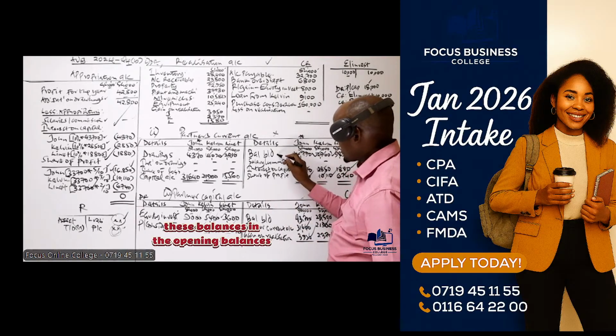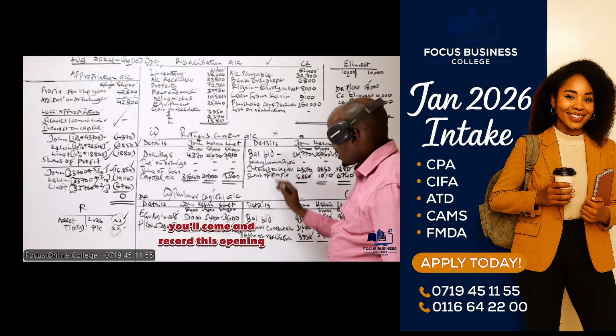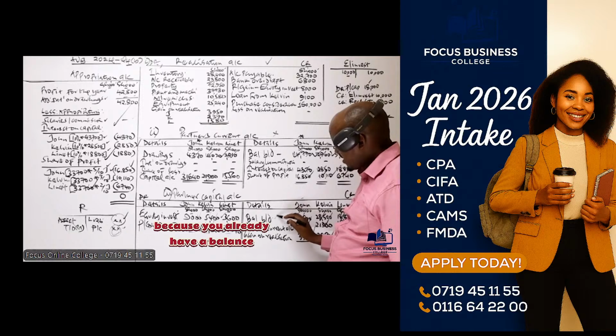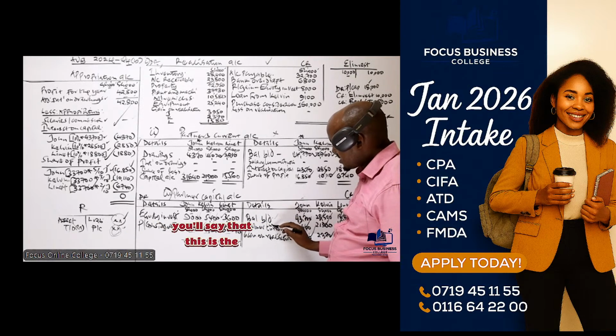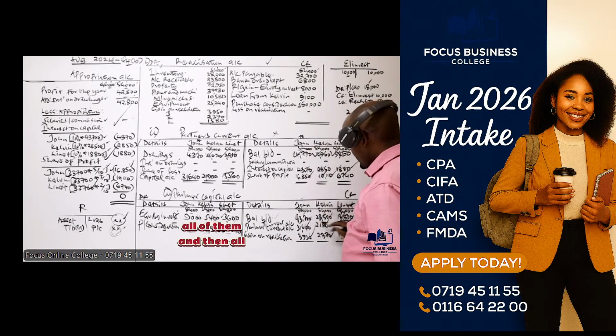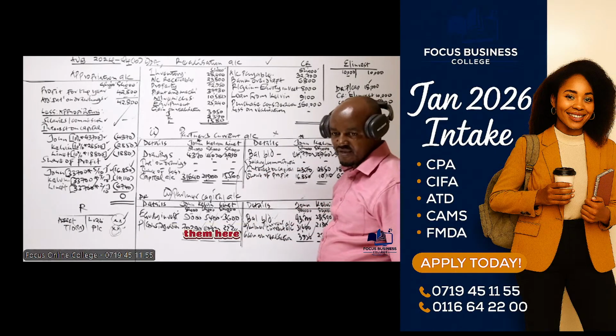So for example, these opening balances here, after recording this one, you'll come and record this opening. You'll not refer to it as a balance carried down because you already have a balance carried down here. You'll say that this is the balance from the partner's current account. You record these balances here, all of them, and then all these items, you credit them here.